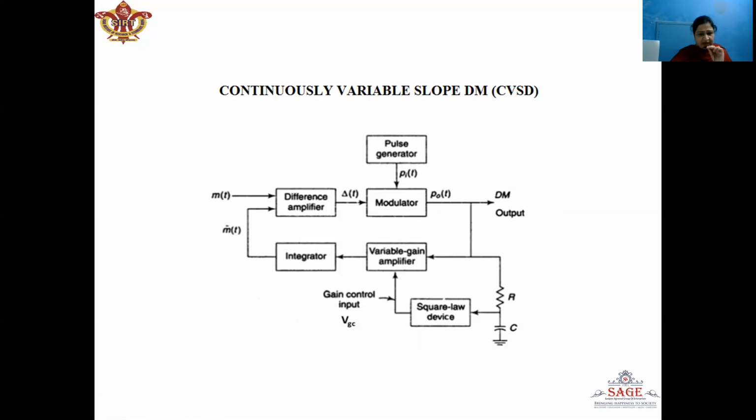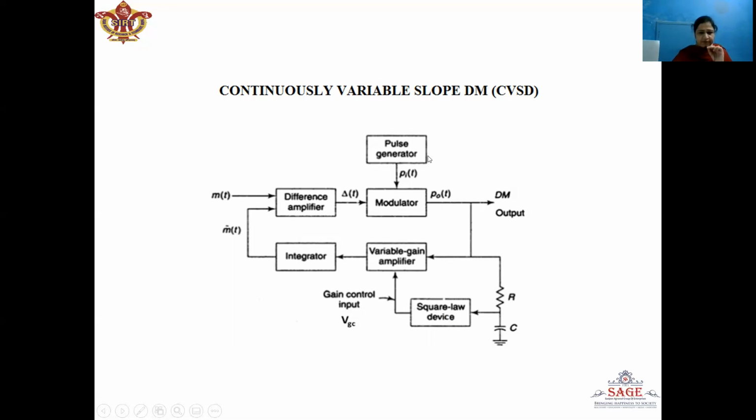So here we have the block diagram of the continuously variable slope delta modulator, which is a type of adaptive delta modulator. Here we have a difference amplifier, which will compare the sampled input with the approximated signal. The error signal delta t is generated. Now here we have a pulse generator.